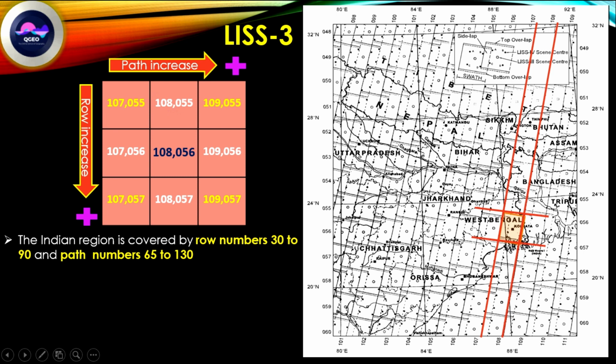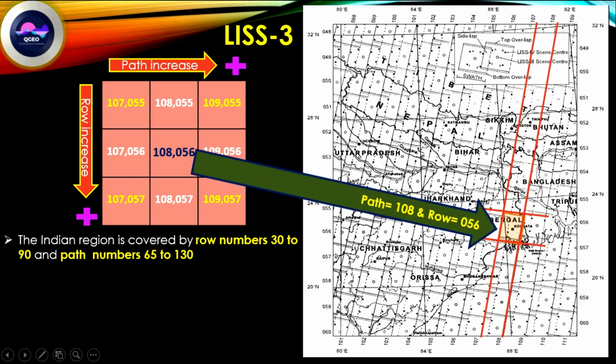The Indian region is covered by row number 30 to 90 and path number 65 to 130. Here the box shows path 108 and row 056.